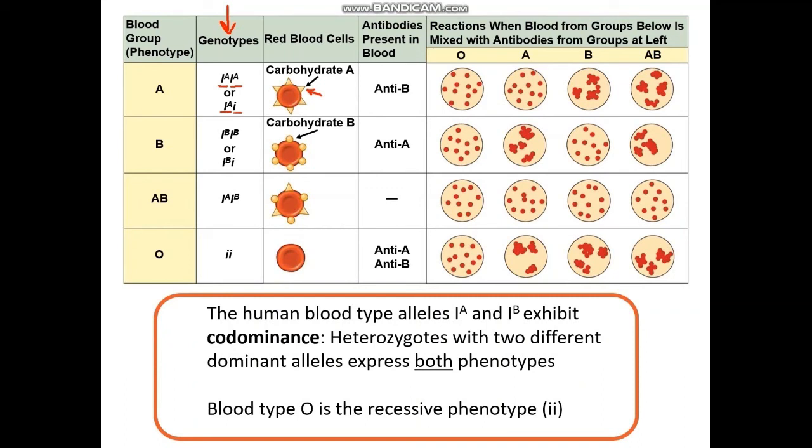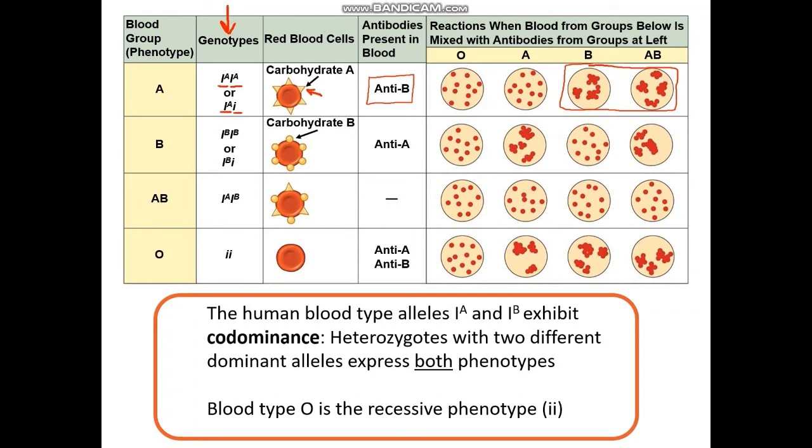If that's true, you will make antibodies in your body against the B-type antigen because you would consider that to be a foreign substance. Any kind of blood that has that B-type antigen, that is B-type blood or AB-type blood, it's going to clot up if it gets into your system. Your immune system will attack it with your anti-B antibodies.